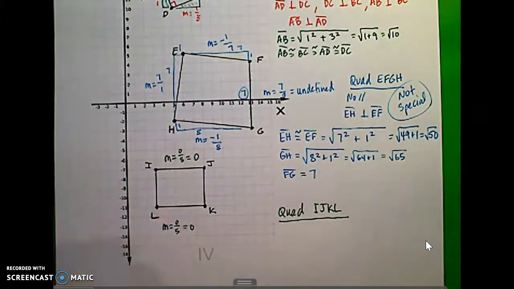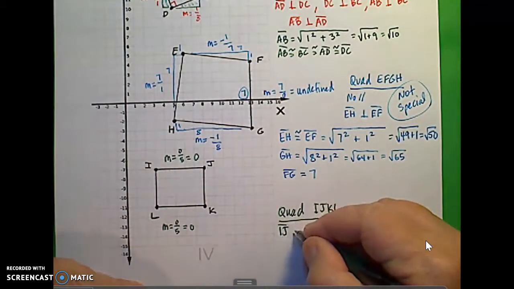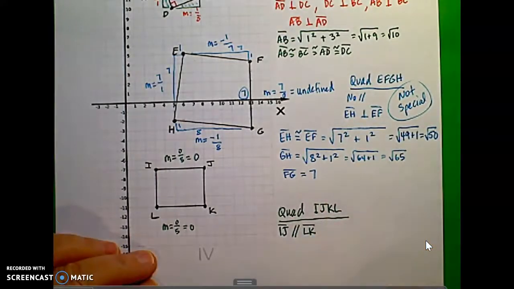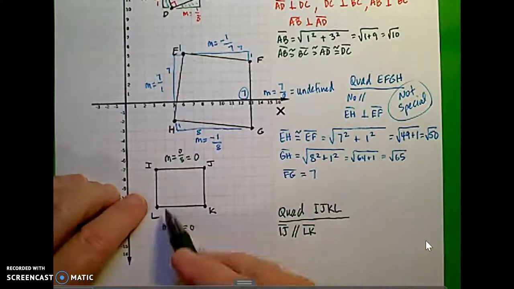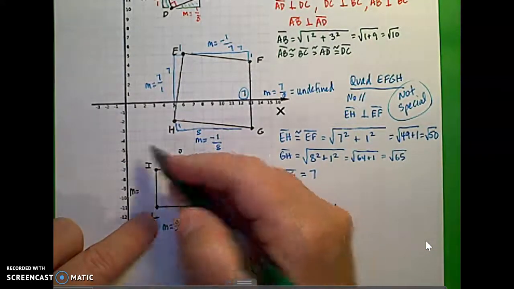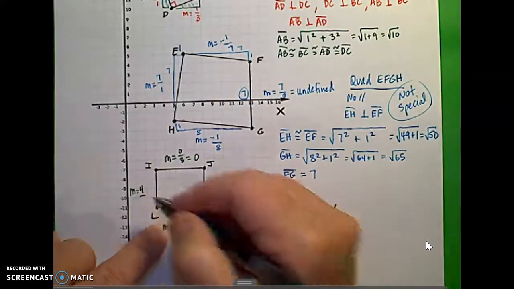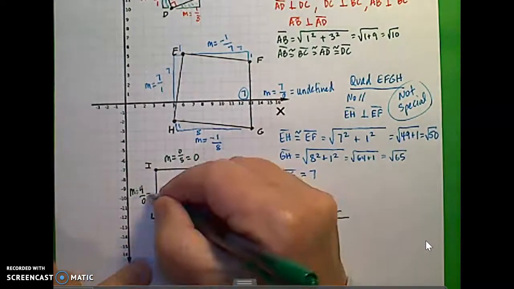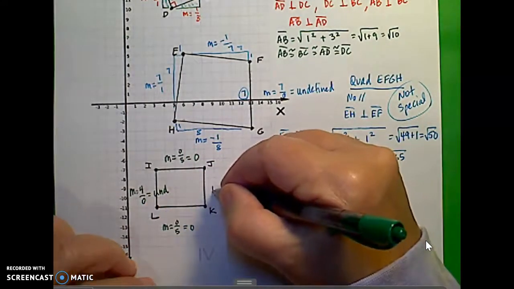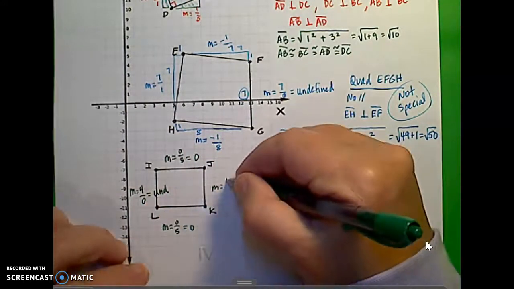So those are parallel lines, or parallel segments. IJ is parallel to LK. They have the same slope of 0. They're both horizontal. Let's look at these other two. The slope here, the change in the y is 4. Change in x is 0. This is undefined. Abbreviation UND is common there. This one has a y value change of 4.